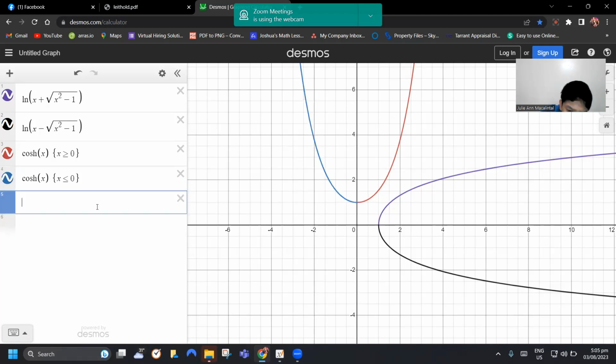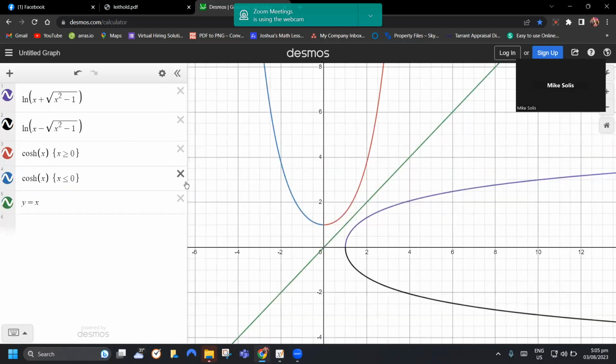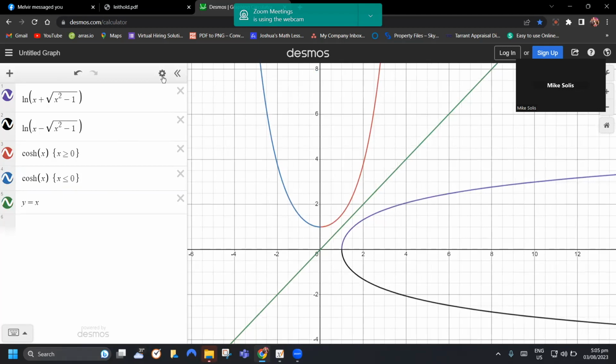Okay, tapos i-hide mo muna yung cos x less than or equal to 0. So, ano yung mirror image niya? Is it yung purple function or yung black function?